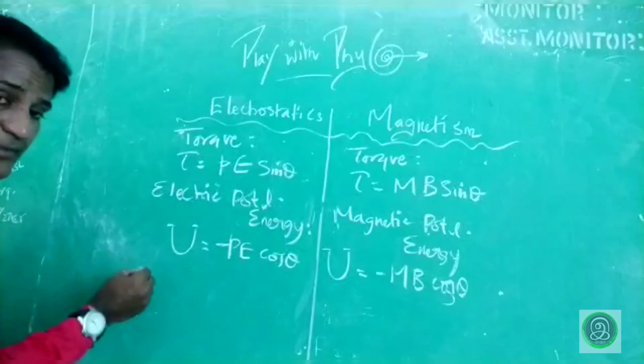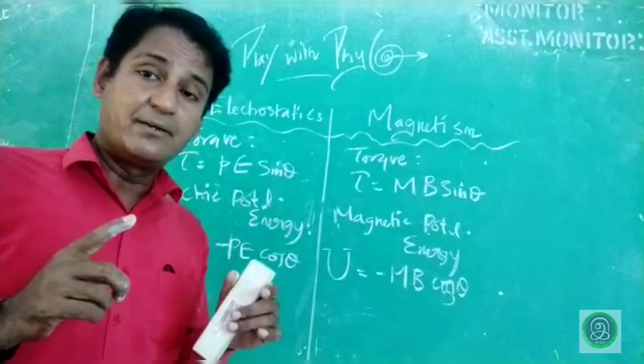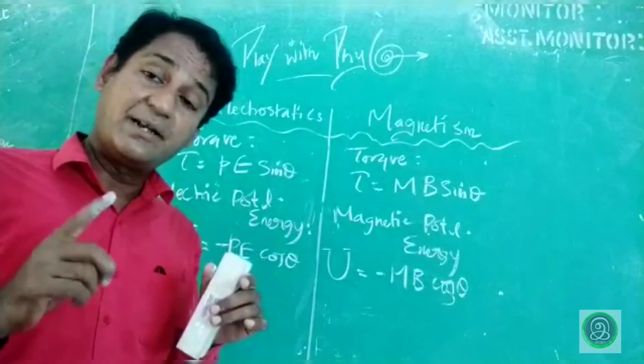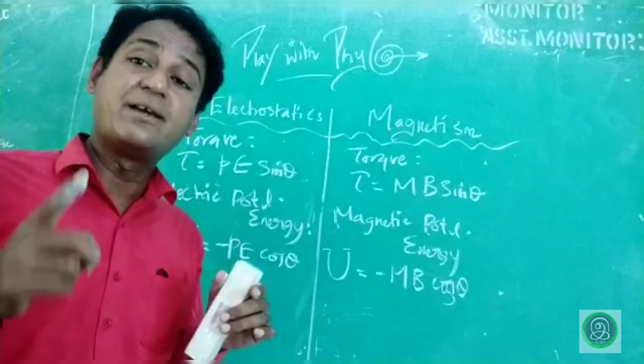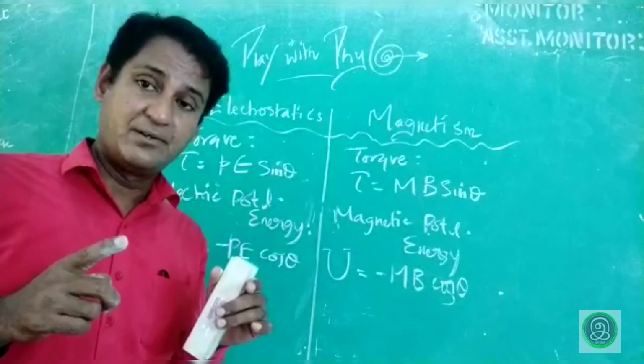Next, see, the electric field due to an infinitely long charged wire using Gauss law. Electric field due to an infinitely long charged wire. So it is a uniformly charged wire.